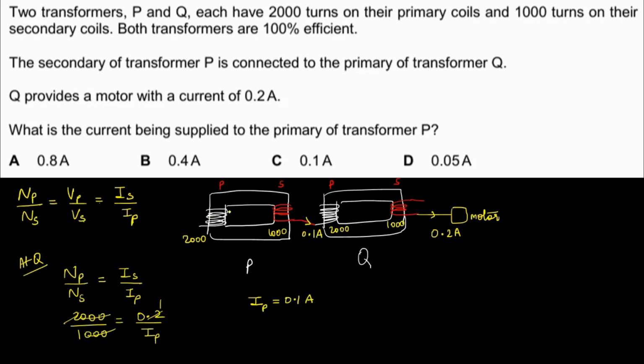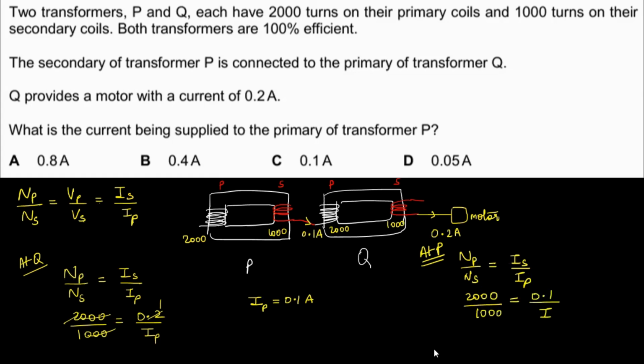Now that's the same current in secondary of P. So we have to find the current in primary P. Again we will do this at P. Np upon Ns is equal to Is upon Ip. Np for P is also 2000 upon Ns is 1000, equal to Is, secondary, we have already got 0.1, and we need to find Ip.